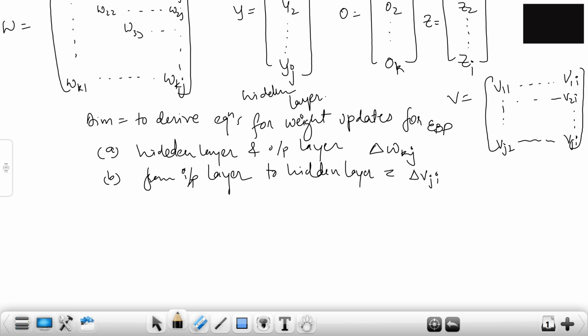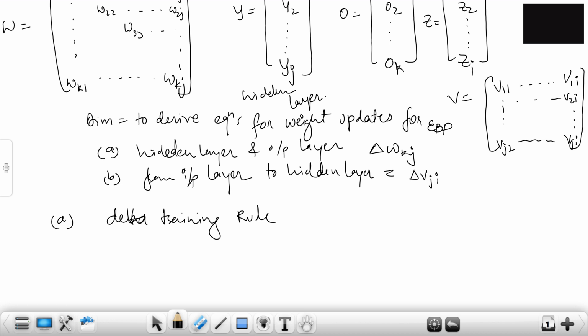So to calculate, first we'll start with A over here. To calculate delta WKJ, we use the delta training rule. So we'll use this delta training rule for the first part.